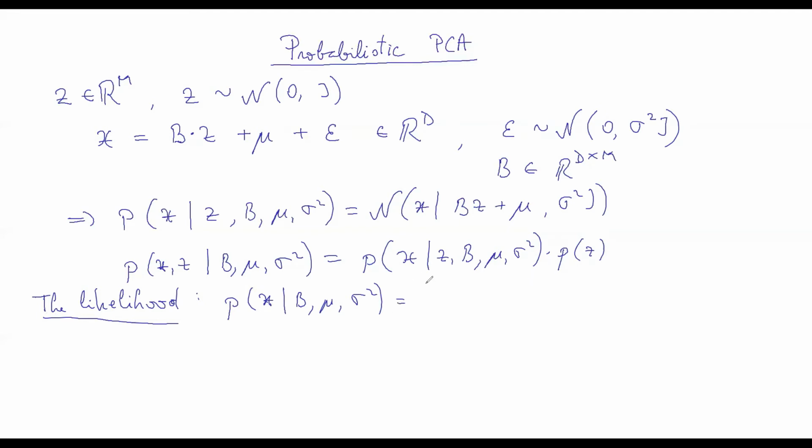So it's the integral of exactly this expression over z: the probability of x given z, B, mu, sigma squared times the probability of z.